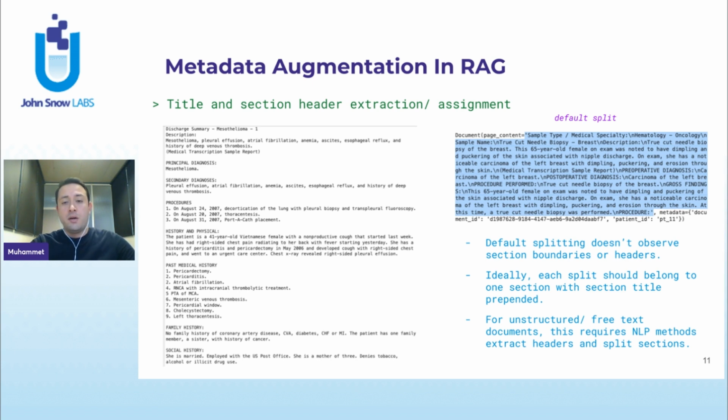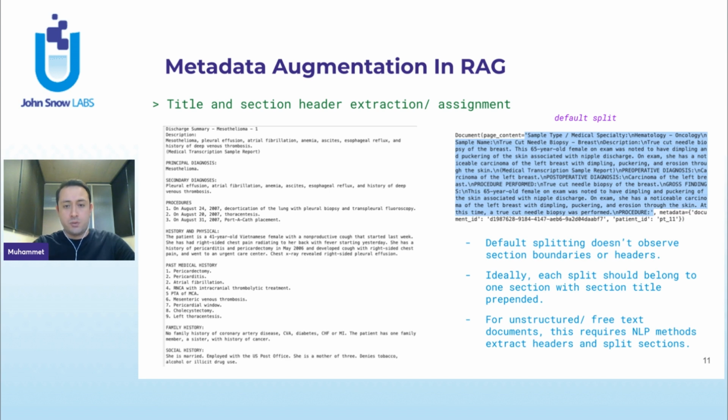But when you split the data without considering the section headers, all these diseases of the family members may be returned from the RAG architecture according to our query, right? But if we split it with the section headers, family history will be one split, and the principal diagnosis will be another split.